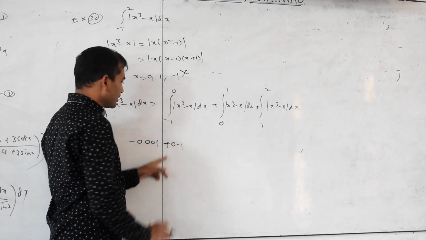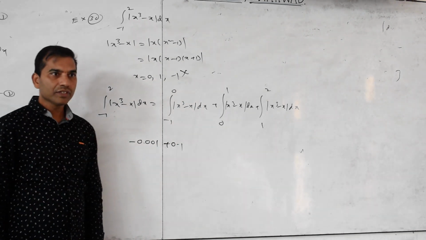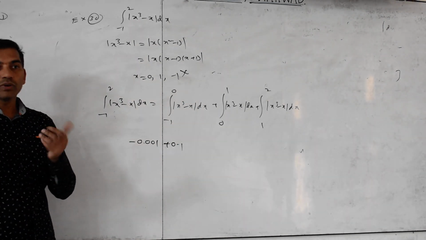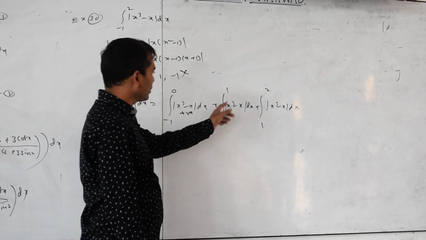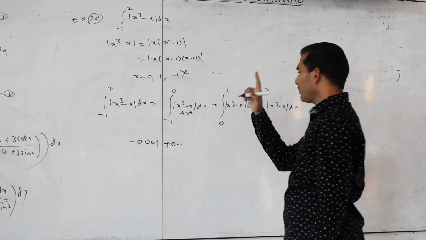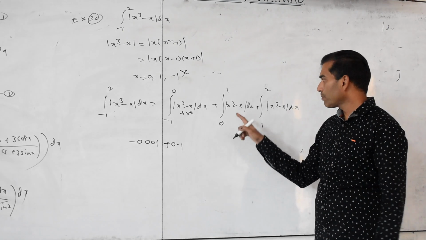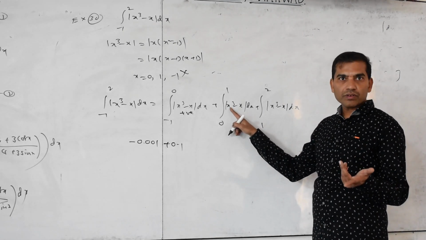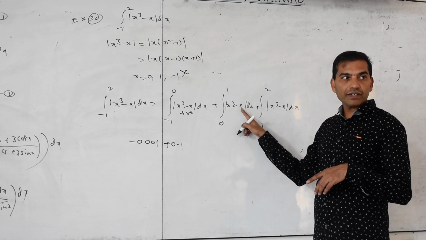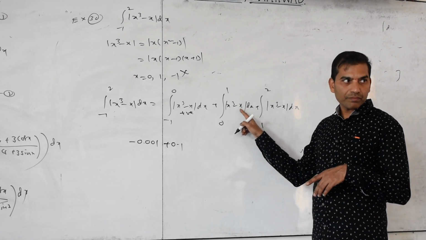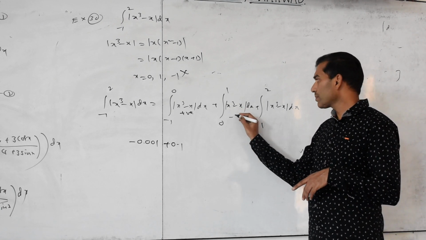Which is big? 0.1, so we get positive. Next 0 to 1, take 0.1. 0.1 whole cube is 0.001 minus 0.1; 0.1 is bigger, so we get negative.